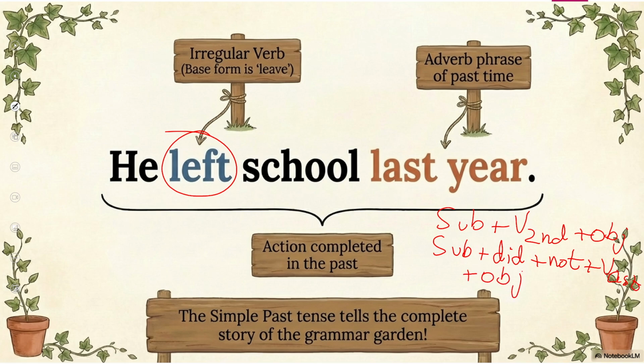And when we have to make an interrogative sentence, we just write did at the start and the remaining formula will be the same. And we add a question mark in it.